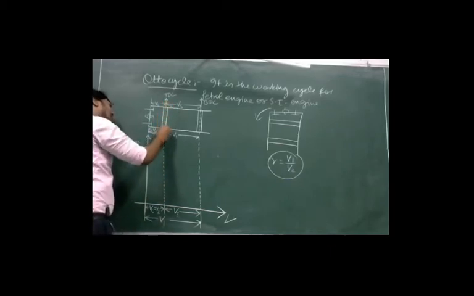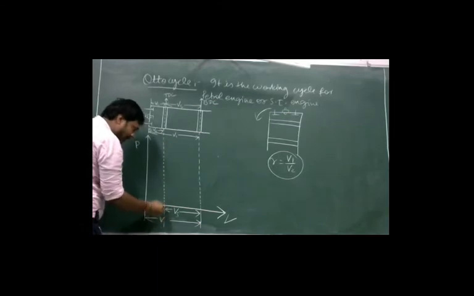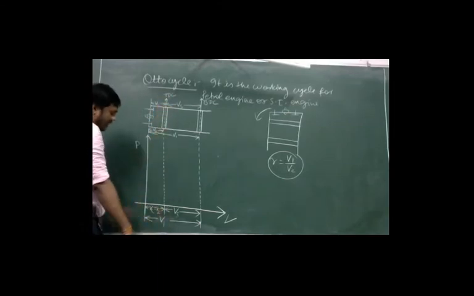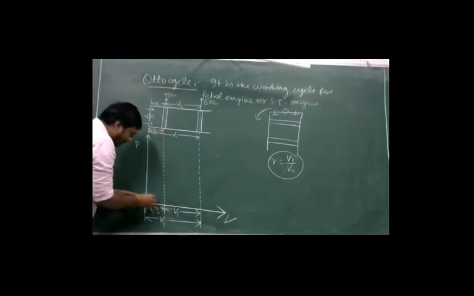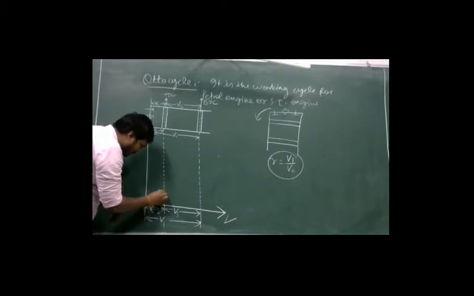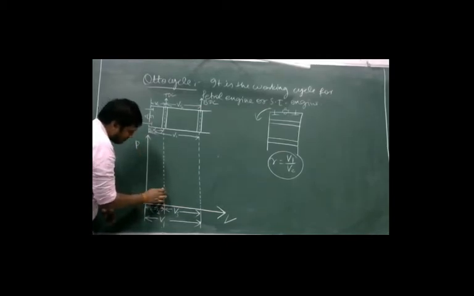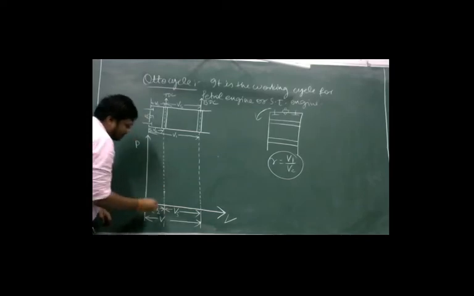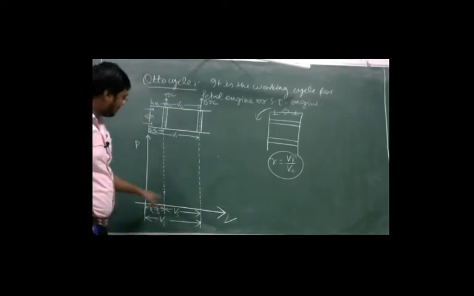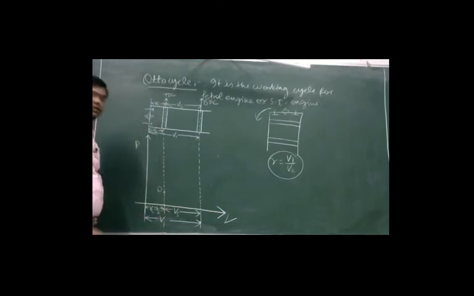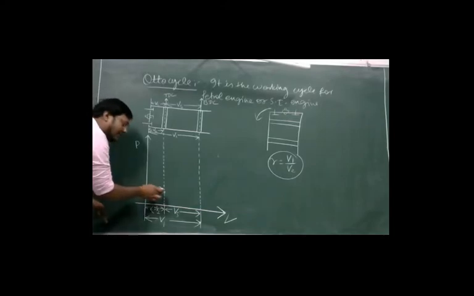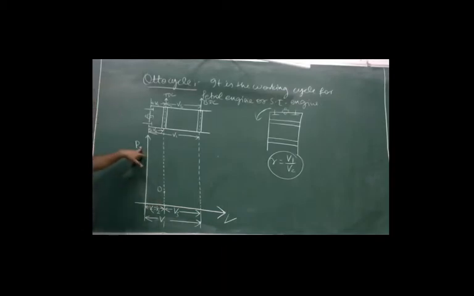So we have to make the initial point on the TDC line only. So we will take the initial point on this line anywhere. Okay. So I am taking a point here. This is the initial point, and I am representing this initial point by 0. So 0 is the initial point, the starting point. We cannot take this initial point on the volume axis, because we cannot take the value of pressure as 0 in the starting.